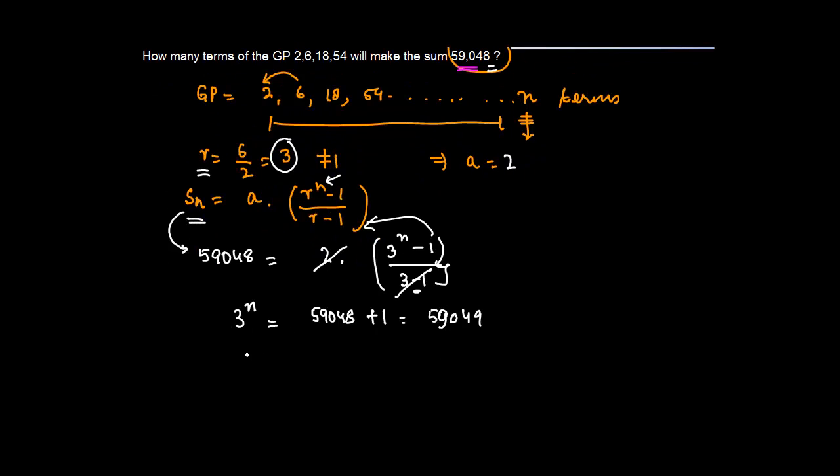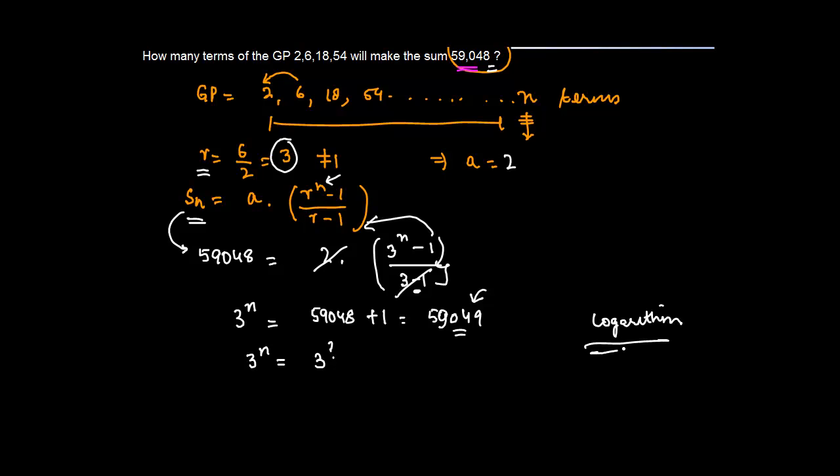Right? Or you can simply write this as 3 to the power n is equal to 59,049. Now, can you find out what is the power n for which 59,049 will come? For this, we will take the assistance from the logarithm.